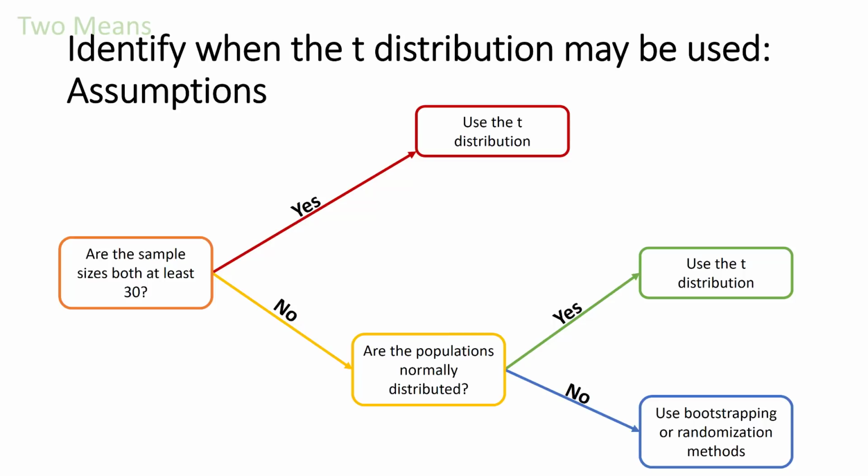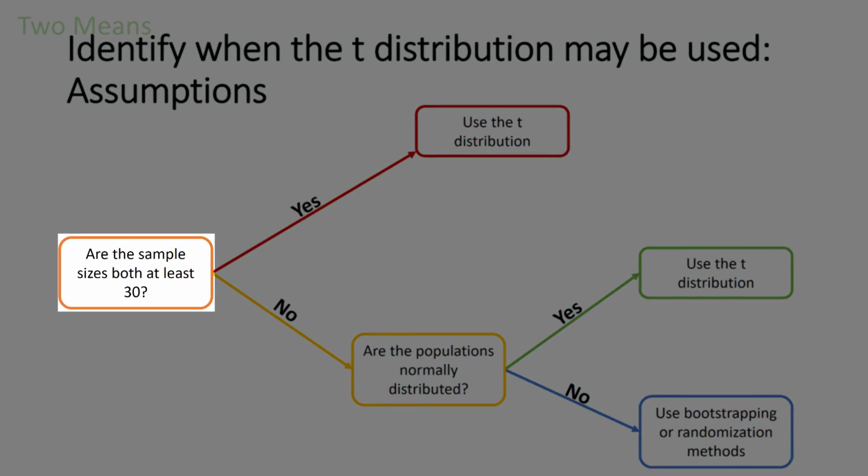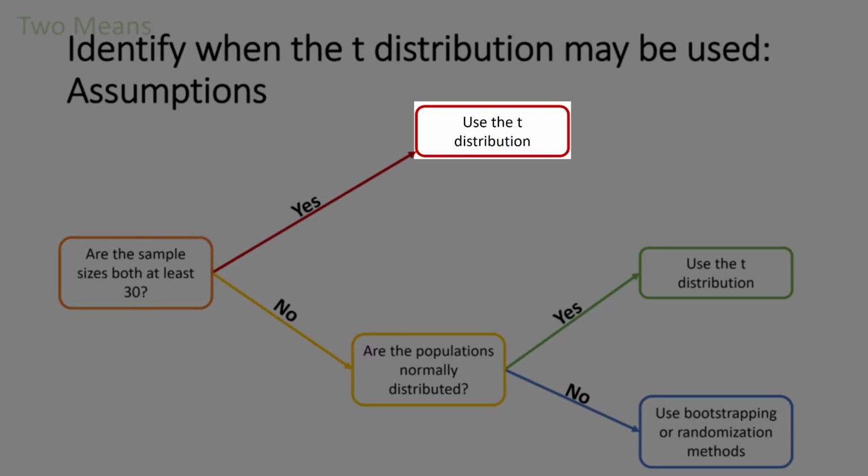I've made this flowchart to help demonstrate this. The first question you should ask is, are the sample sizes both at least 30? If yes, then you can use the t-distribution. This is most often the case.